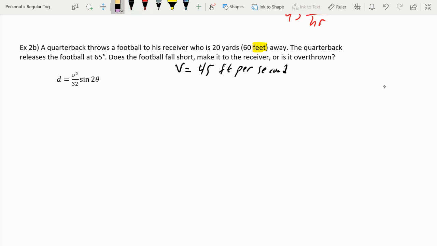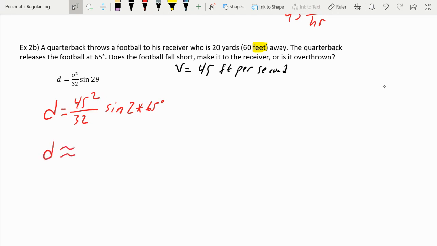So I'm going to put distance is equal to 45 squared over 32 times the sine of 2 times 65 degrees.